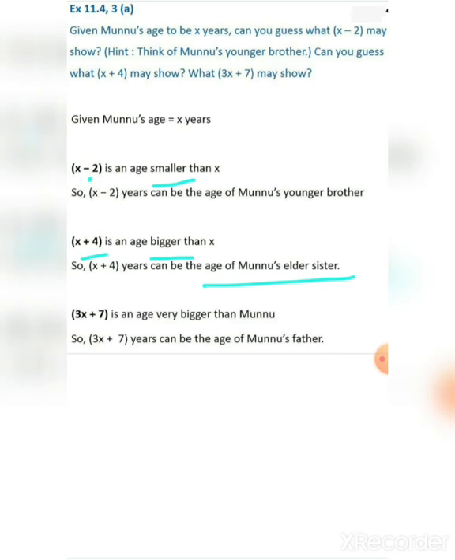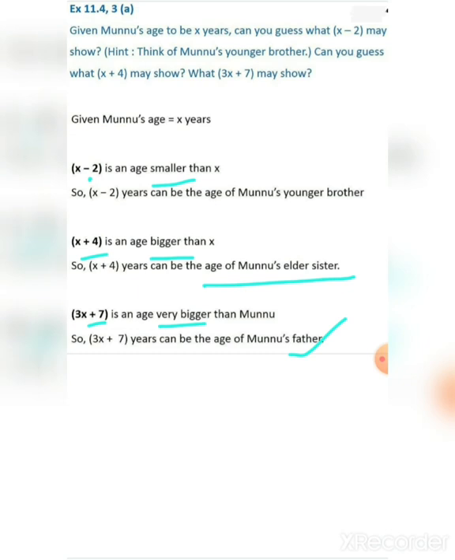Now 3x plus 7 is an age much bigger than Munnu's, because 3x means 3 times his age and then adding 7 to it. So it can be the age of Munnu's father or Munnu's mother. Okay, so by this method you have to find it or apply your logic and say whose age it would be.